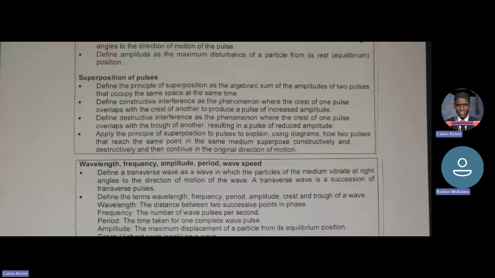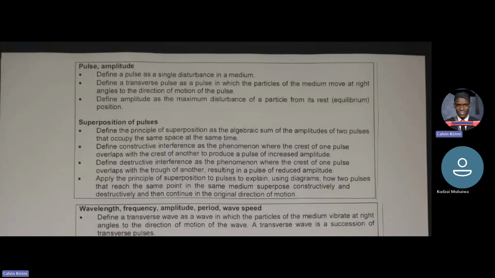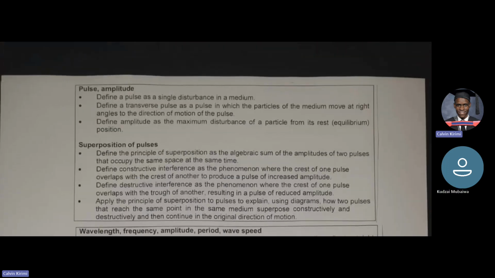For destructive, one is on top, one is underneath. And you must know the definition of superposition, the principle of superposition as the algebraic sum. That was the answer for that assignment which I gave you for the test. There was a definition. So we are actually doing the right things.